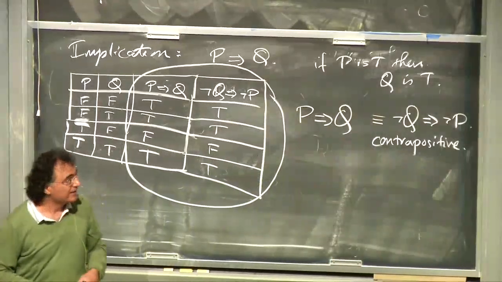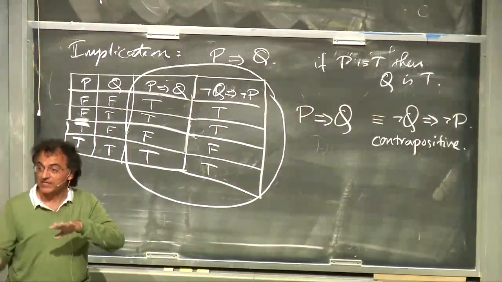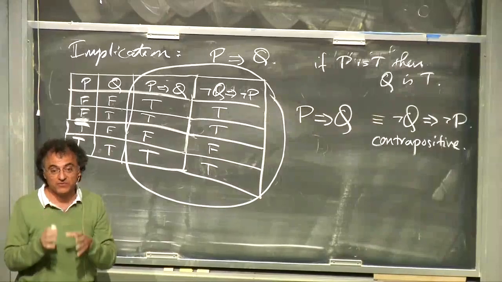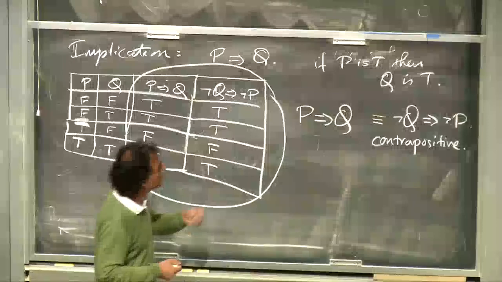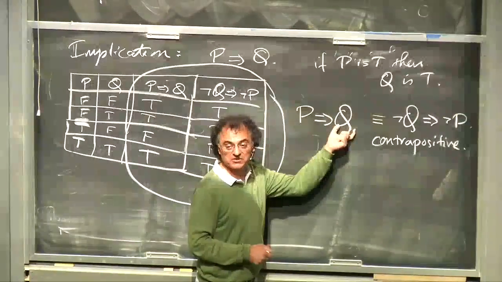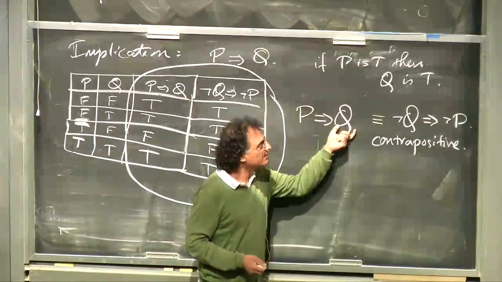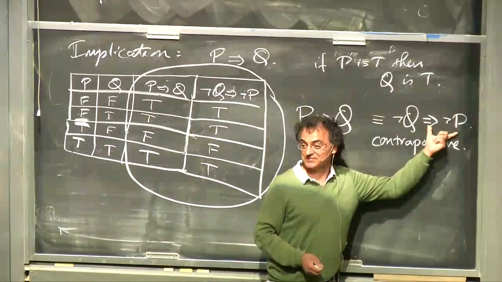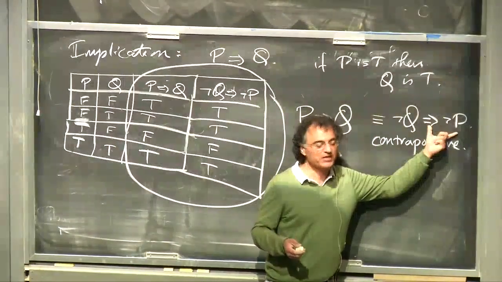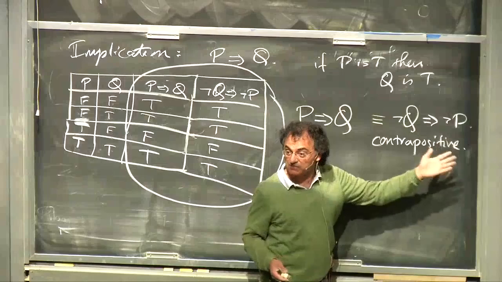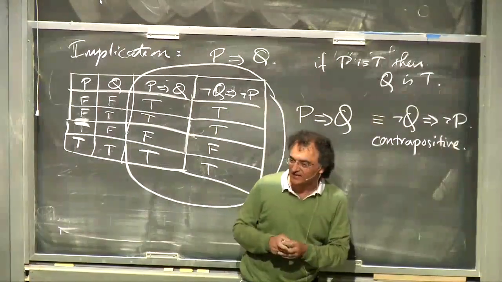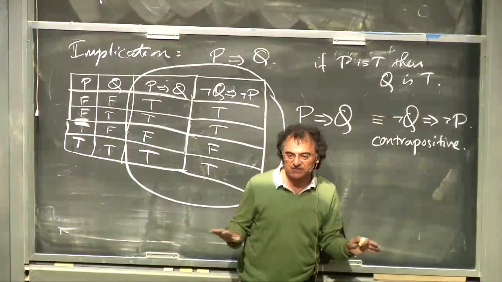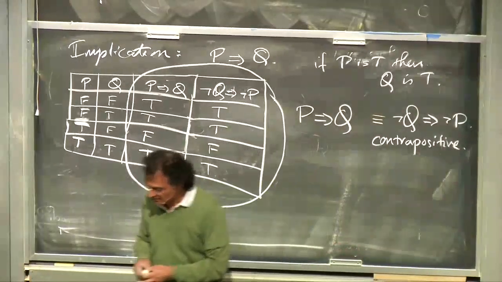And this maneuver of going from an implication to its contrapositive is one of the most important things in proofs. Often, when you're trying to prove that P implies Q, and it's difficult to do, it'll turn out that this is easy to do. You'll come across many situations where, even though they are completely equivalent, you change your angle, and suddenly it becomes much easier. Okay?